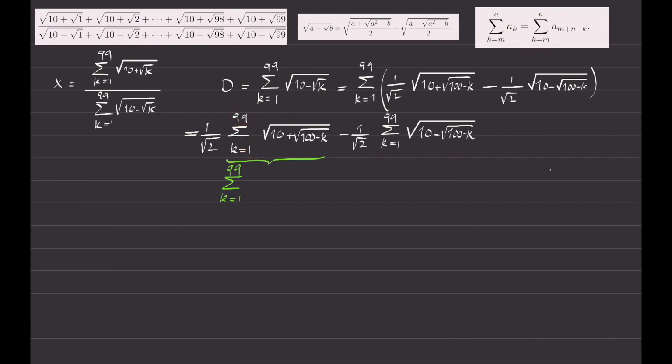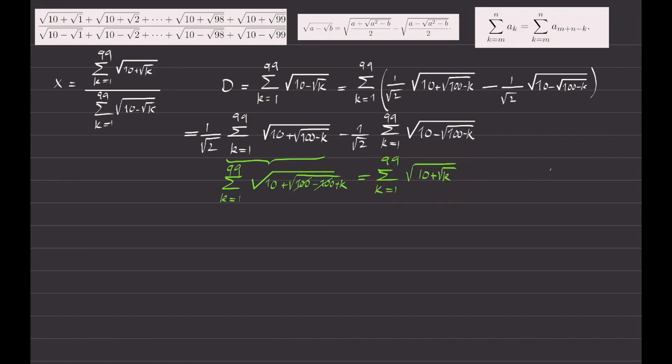This becomes a square root of 10 plus square root of 100, but instead of k, I put 100 minus k. So it becomes minus 100 plus k, and these 100s are gone. And then what I will get is sigma, k goes from 1 to 99 of square root of 10 plus square root of k.